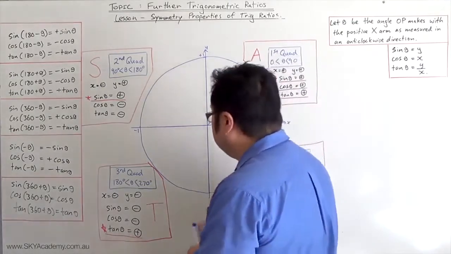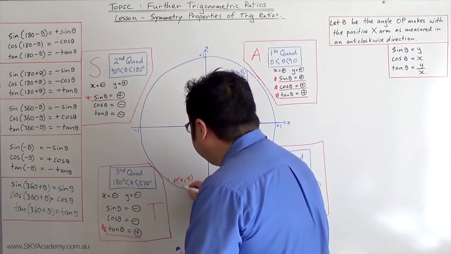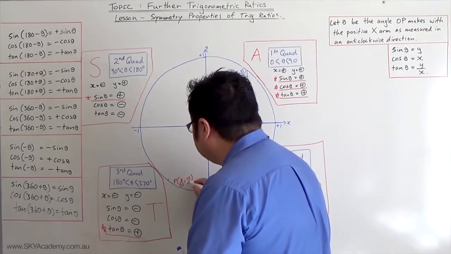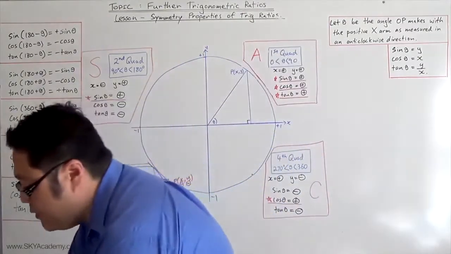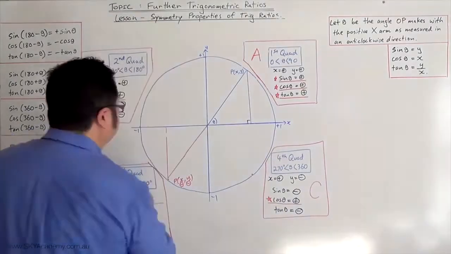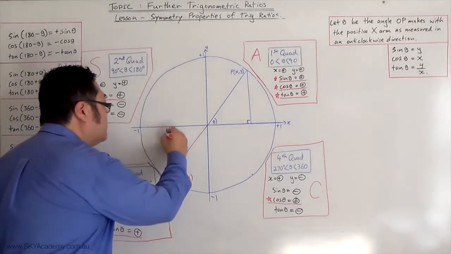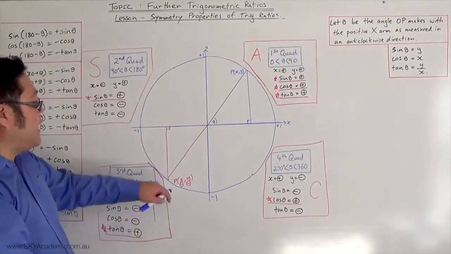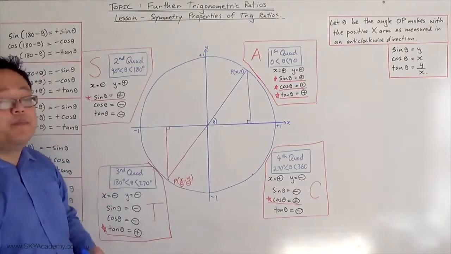So P, X, and Y becomes the negative version of that. What we've got here is a right angle triangle with X and Y coordinates exactly the same, but negative.